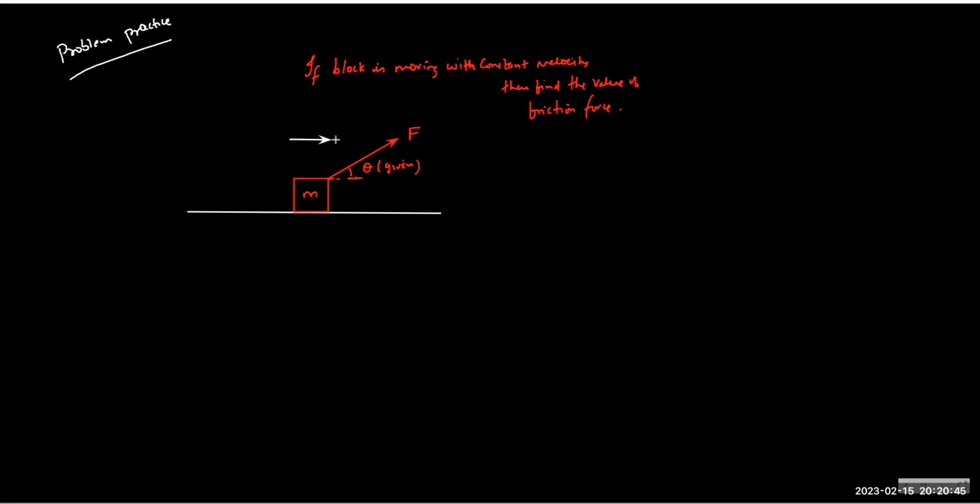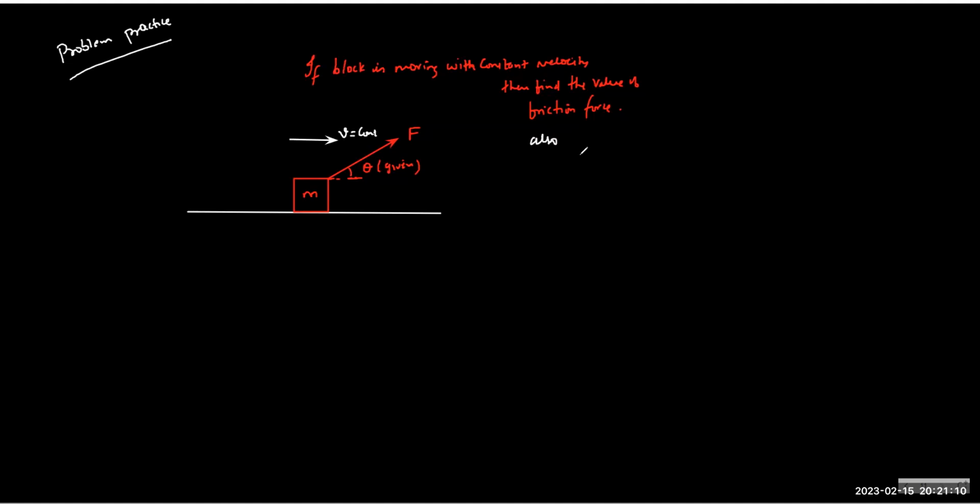So this block is moving with constant velocity. So what is the acceleration of the block? 0. Okay, so now I hope you can do this. What is the value of friction force? F cos theta. Correct.